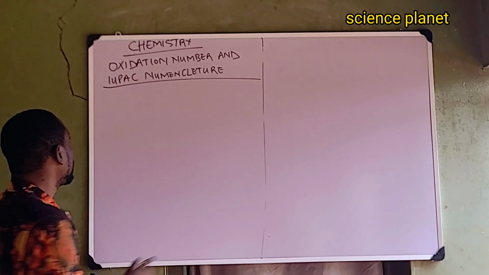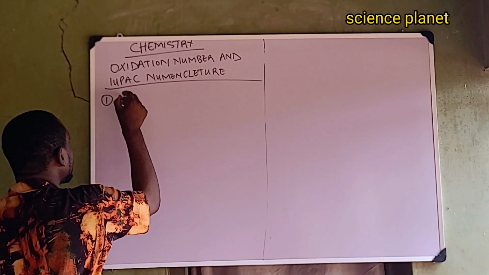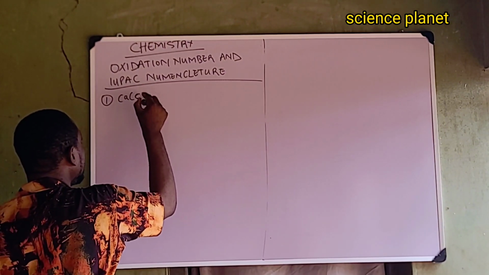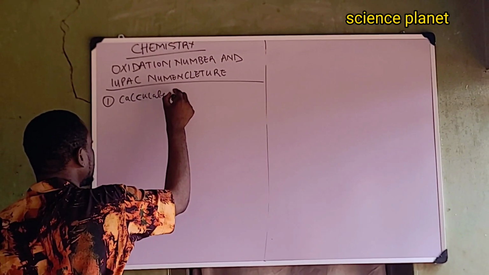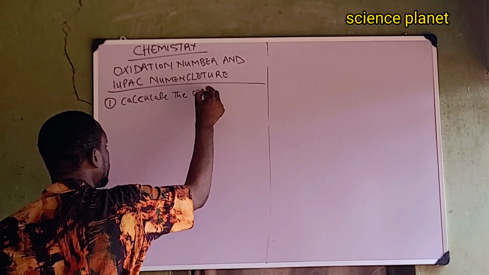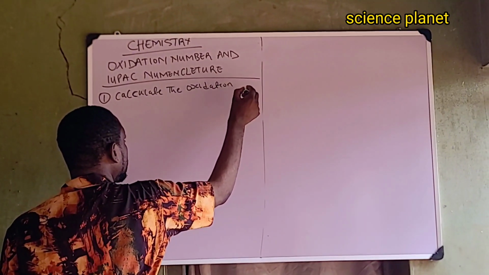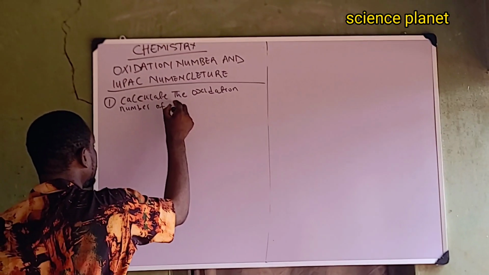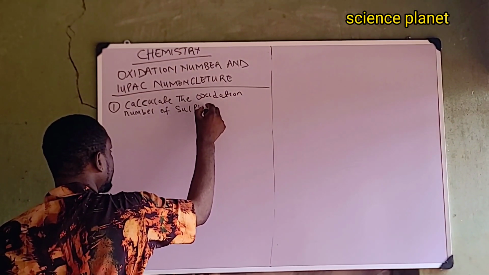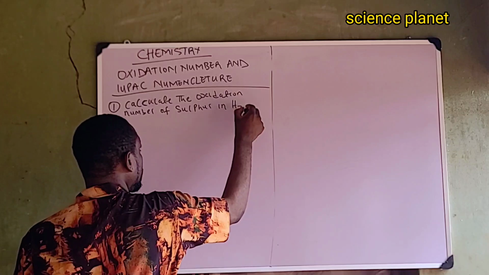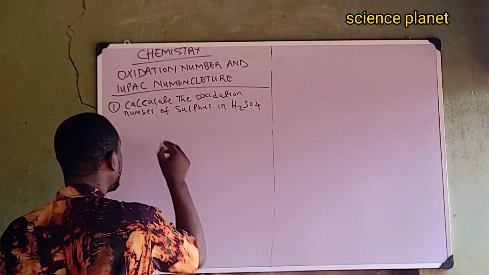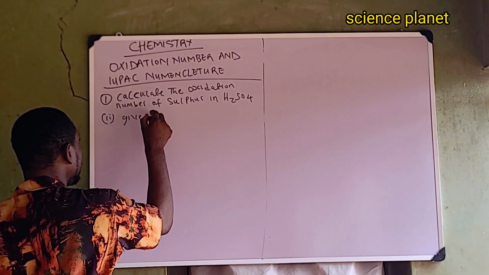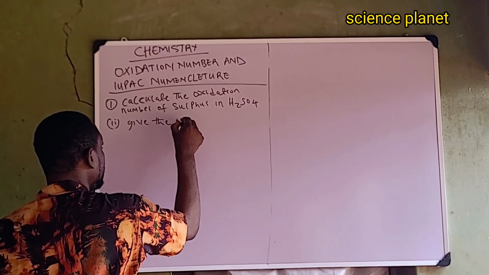So we have our question number 1. Calculate the oxidation number of sulfur in H2SO4.